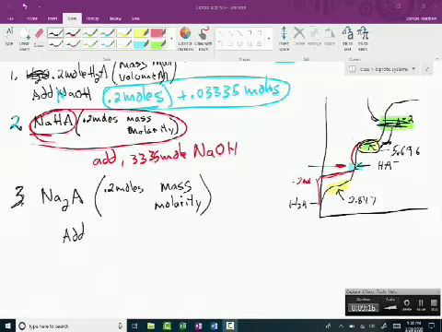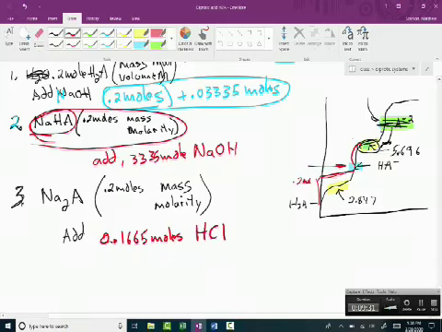I couldn't find it up there, but I know it's there. It would be adding 0.1665 moles of acid, HCl, strong acid. That would bring us down to this position right in here, right where I need to be.